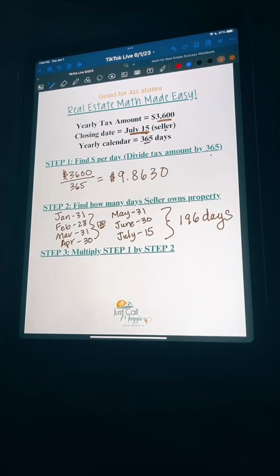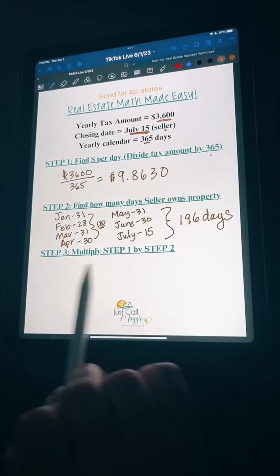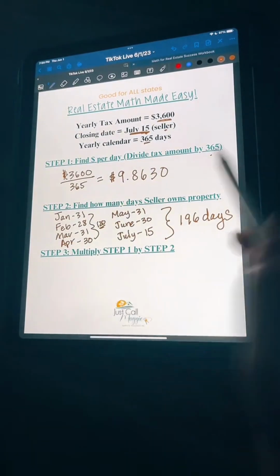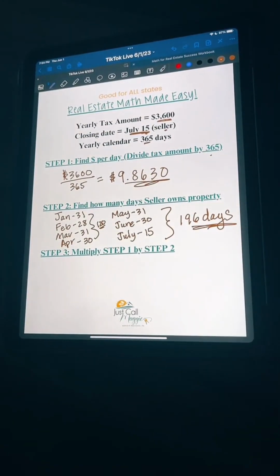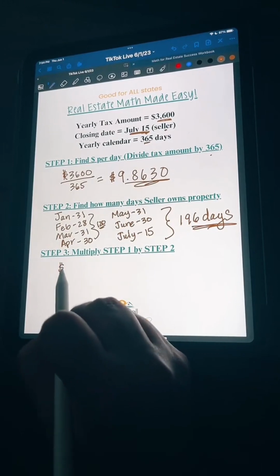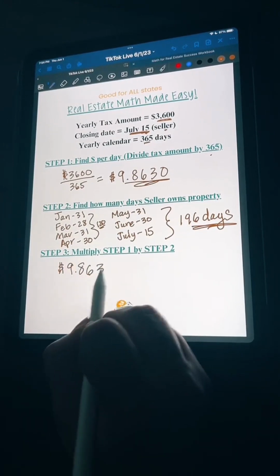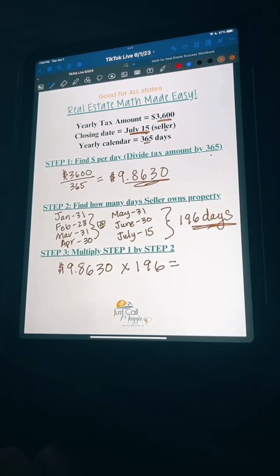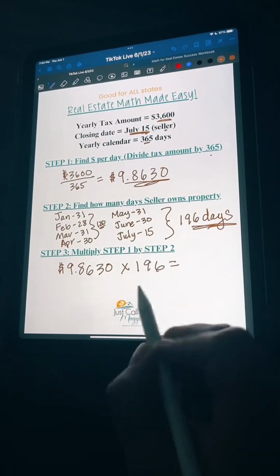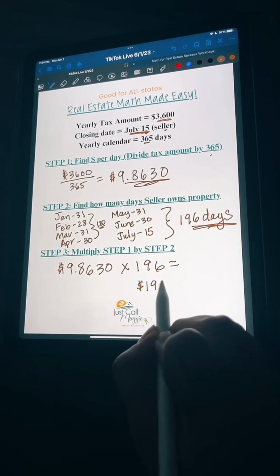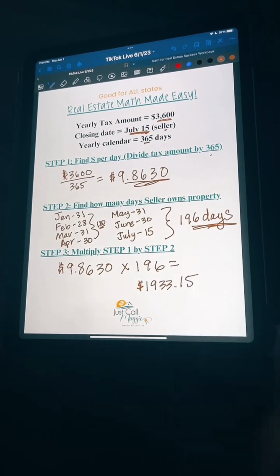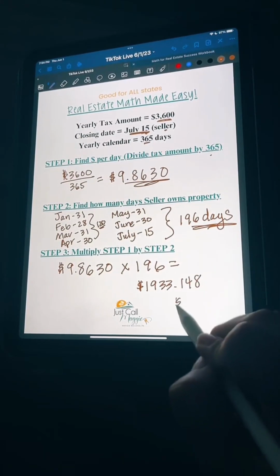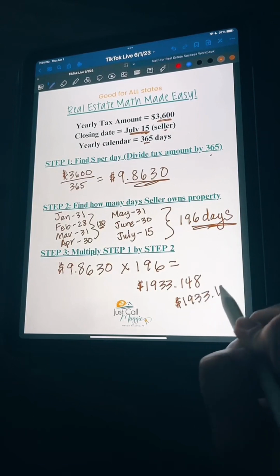All right, so now step 3 is just multiply step 1 by step 2. So we're going to multiply this times this. So $9.8630 times 196 equals 1933.15.